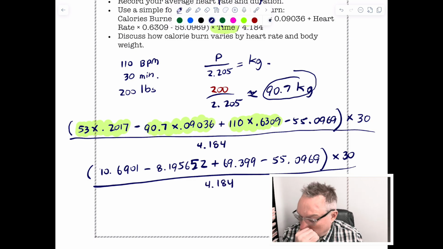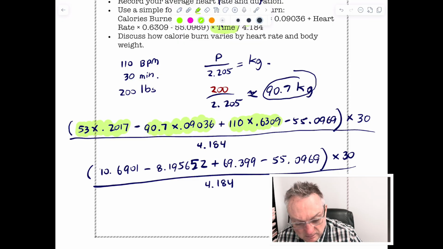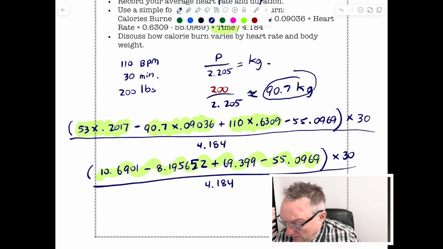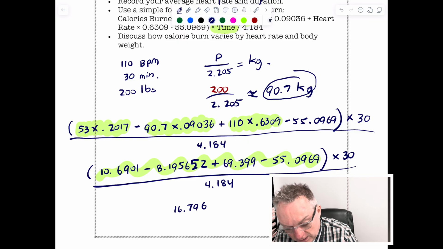Now I do the addition and subtraction in those parentheses, and that number comes out to 16.796548.